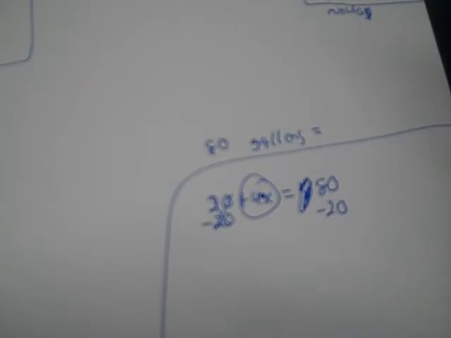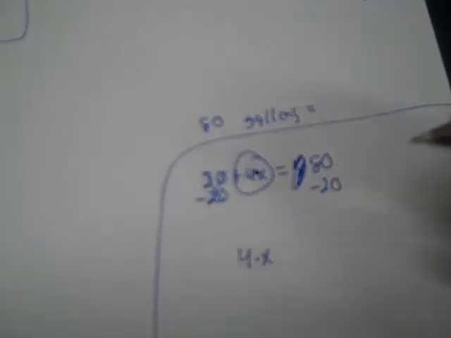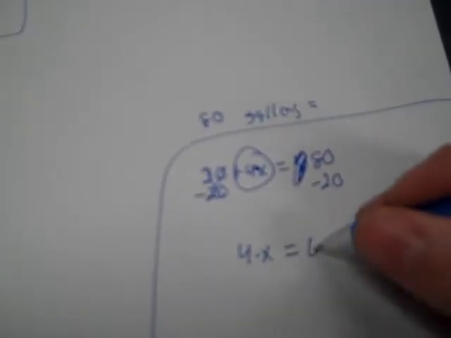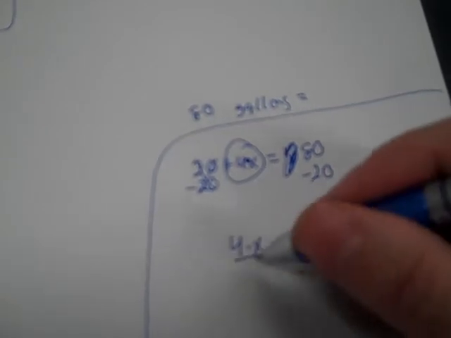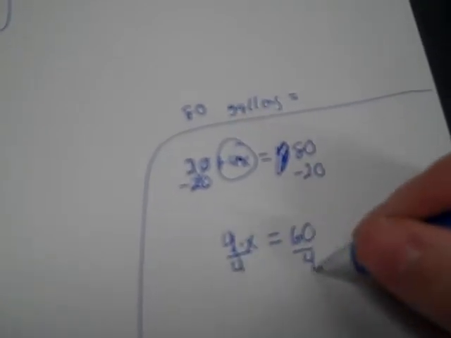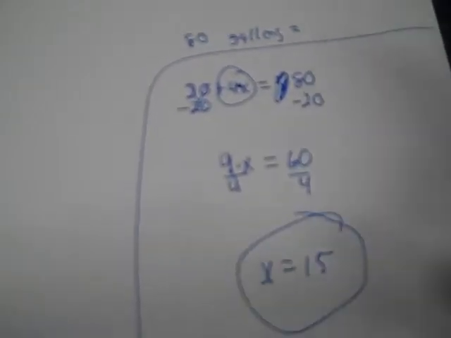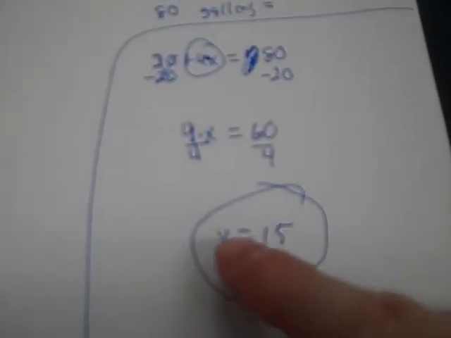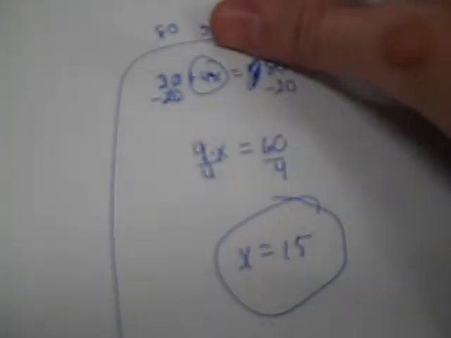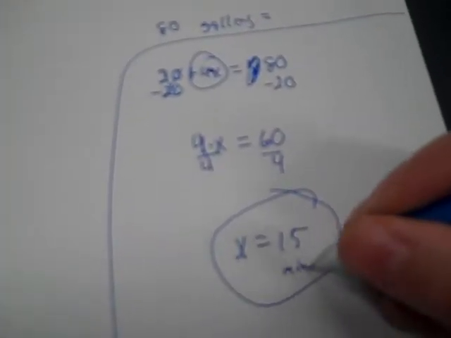It's positive, so you minus it. And 4x equals 60. Then divide by 4, and x is 15. Now, if you're wondering what the label should be, that's the answer for x, and x is minutes. So 15 minutes.